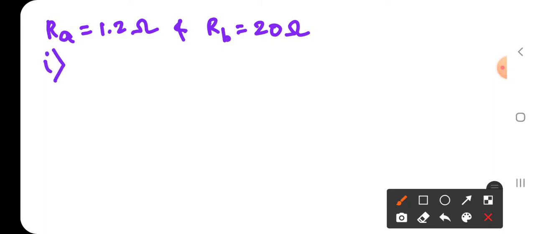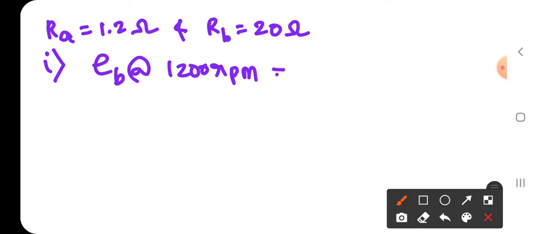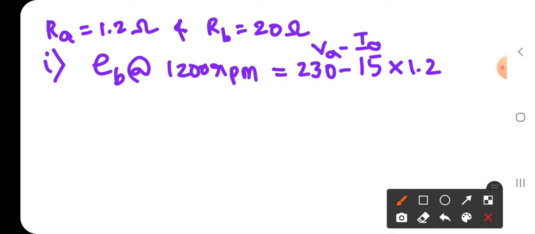First, EB at rated speed is given by V minus IaRa, that is 230 minus 15 into 1.2. It is around 212 volts.